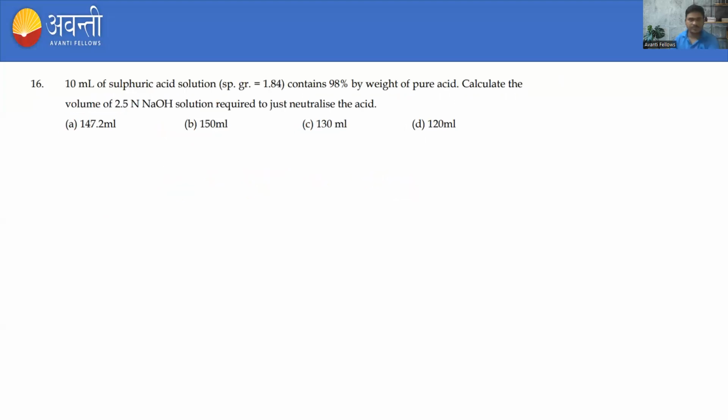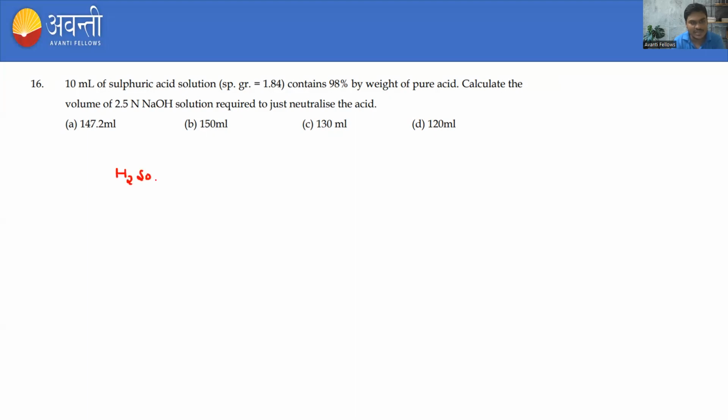Okay. Now, in this question, they are asking: 10 ml of sulfuric acid solution having a specific gravity 1.84 contains 98% by weight of pure acid. Now you have to calculate the volume of 2.5 normality NaOH solution required to just neutralize this acid, right? So let me write the reaction first.